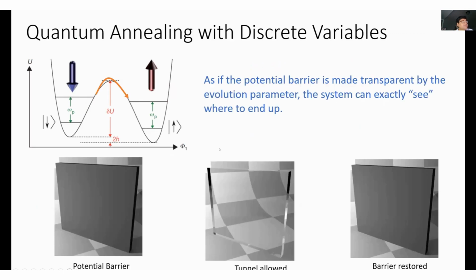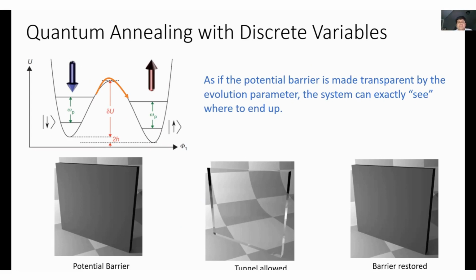So the way we will do it is that, let's say that you have an energy landscape, which I say is U, and then you have a potential barrier. You can start your problem where you have the potential barrier completely restored, and then you allow some tunneling. It is as if you have the potential barrier, and then you are suddenly making it transparent so that you can see what is on the other side of it.